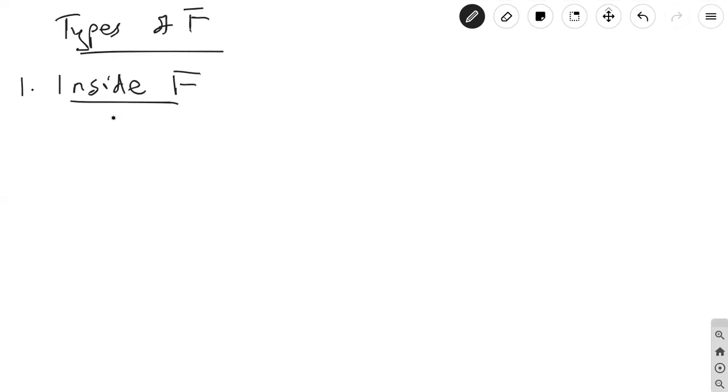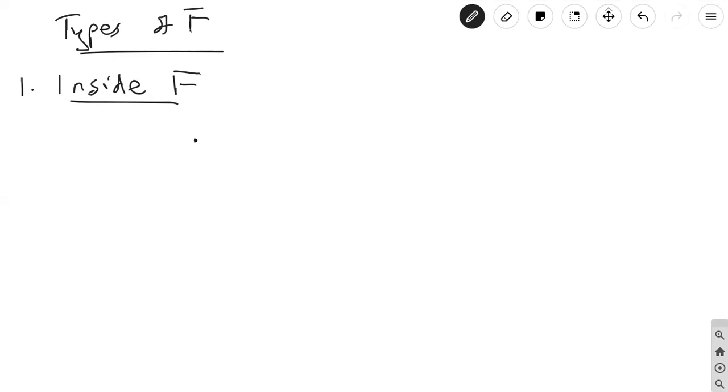Number one is inside formation. The inside formations are structures formed inside a major structure.